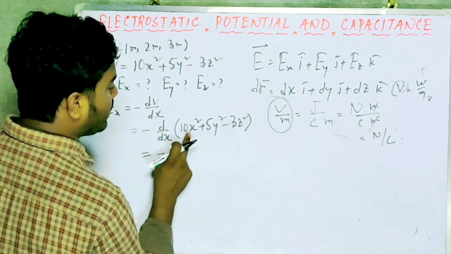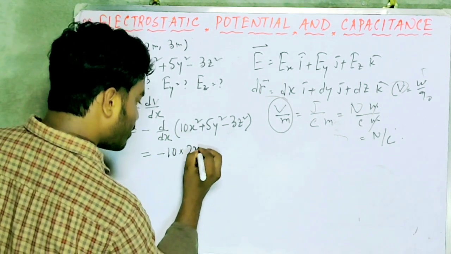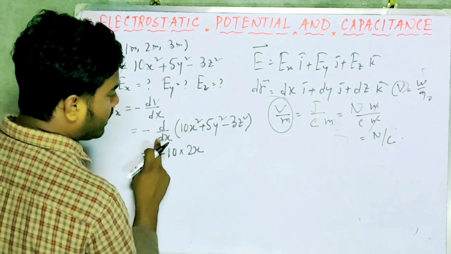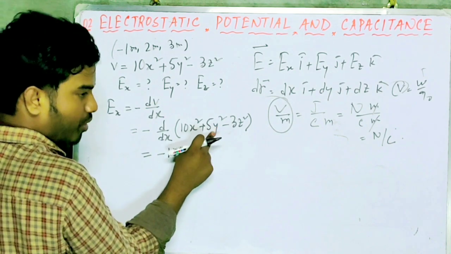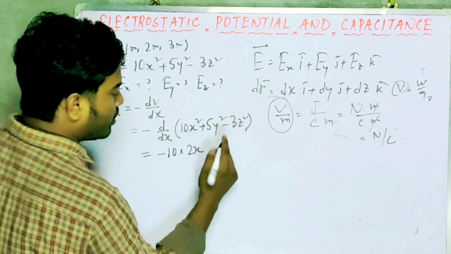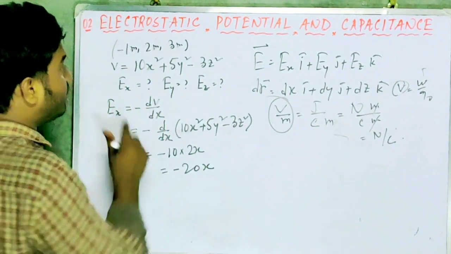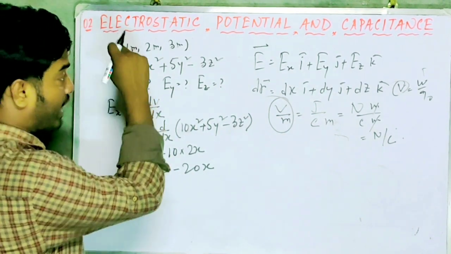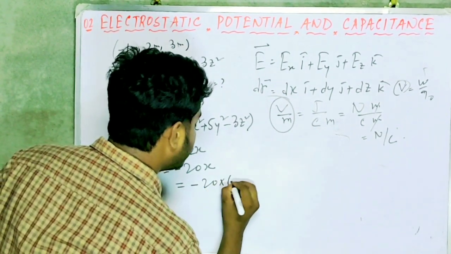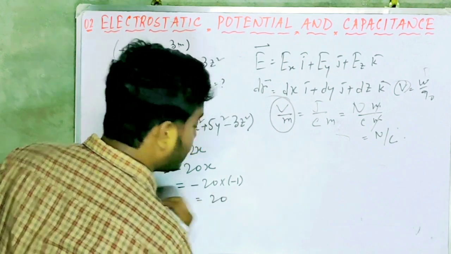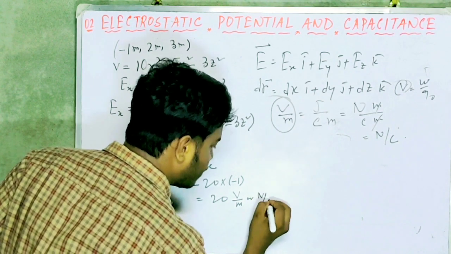Minus d/dx of 10x square, 10 constant, d/dx of x square will be 2x. d/dx of 5y square is differentiation with respect to x, but there is a y, so this expression will be 0, and similarly this expression will be 0, so this value is 20x. And here the position is given, first position minus 1 meter, so the value of x is minus 1. Putting this value, minus 20 into minus 1, this expression is 20, and the Ex unit will be volt per meter, or you can write Newton per Coulomb.